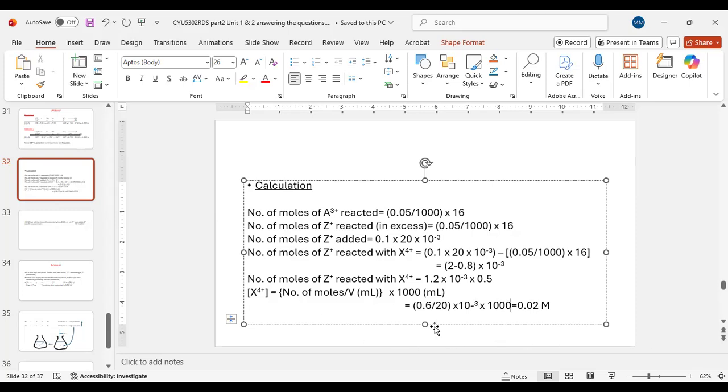So this is going to be cancelled off. 0.6 divided by 20 will be 0.03, madam. Okay, thank you.